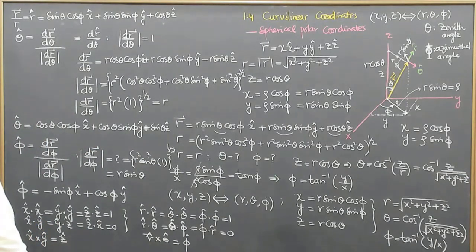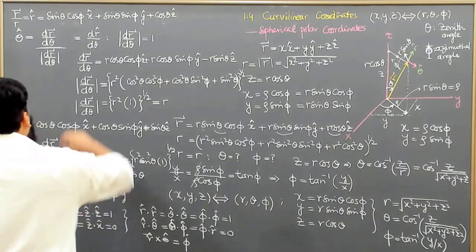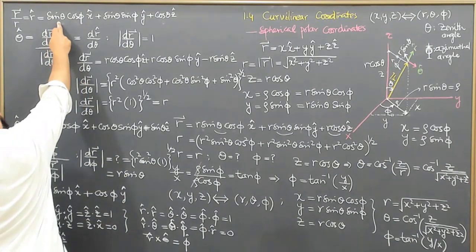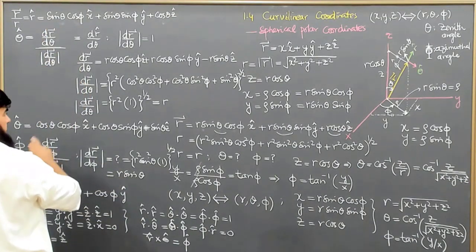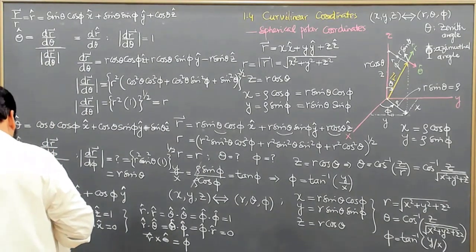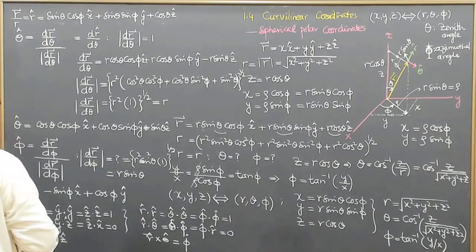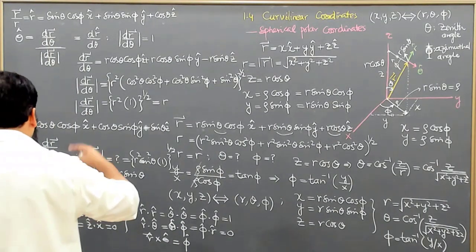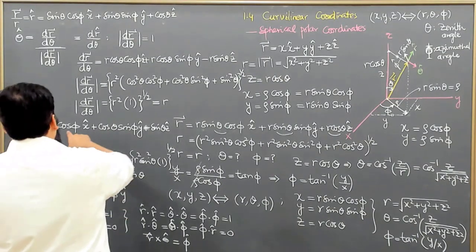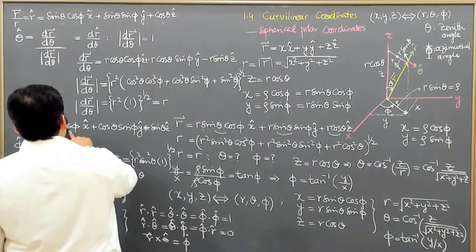Similarly, if I want to find out r dot theta, let's say this is the r unit vector dot theta unit vector. It's a bit tricky, so let me write the things here. The x component will multiply.